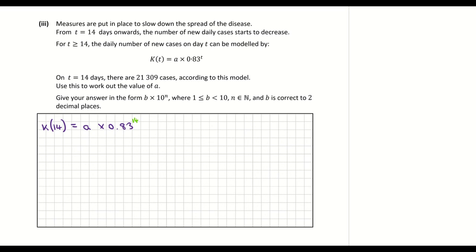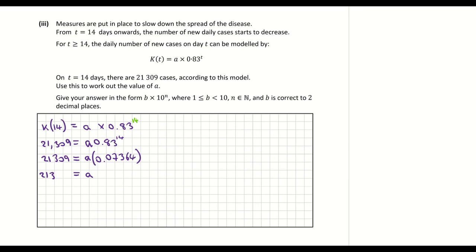It's the 21,309 cases. a multiplied by 0.83 to the power of 14. I'm sticking them together. If I work out 0.83 to the power of 14, that's getting me 0.07364. To get a on its own, divide both sides by that decimal.